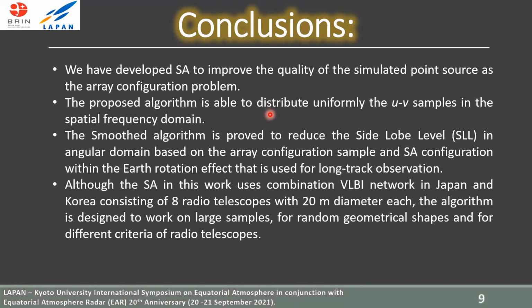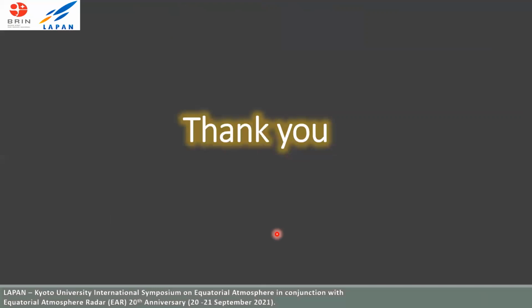Although the algorithm here was used with a combined VLBI network in Japan and Korea, consisting of 8 radio telescopes with 20-meter diameter each, the algorithm is designed to work on large samples, for random geometrical shapes and for different criteria of radio telescopes. So this is the end of our presentation.